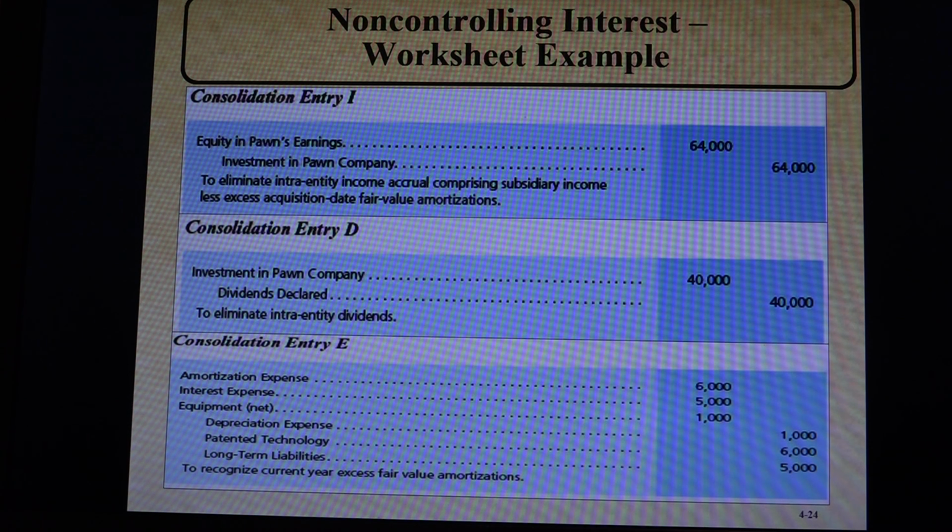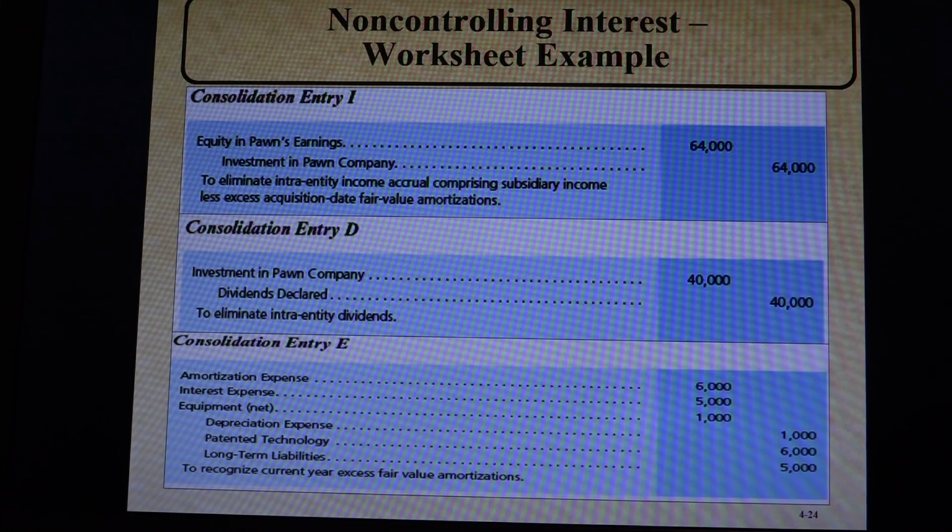Again, if you look at Exhibit 4.4, minus the excess amortization expense. So the income accrual is 72, and then of course their portion of the excess amortization expense is 8,000. So that's where you come up with the 64,000.